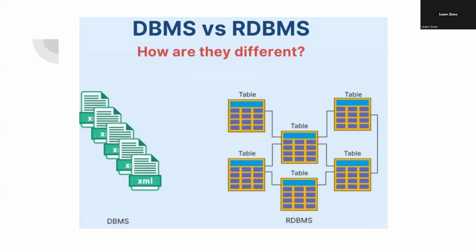The salaries data will be stored in one table, students information will be in one table, and the students' marks and scores information will be stored in a different table. Like that, data will be divided into different tables and stored in the database.